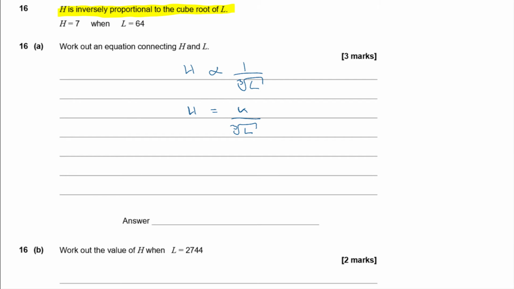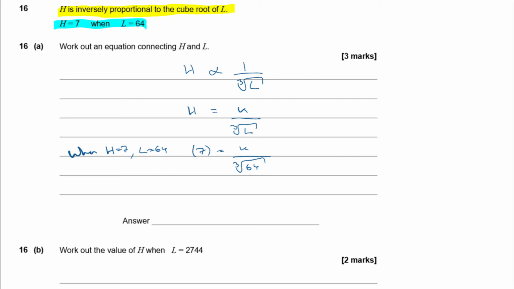Now with these questions, they always give us a pair of handy values that go together, and they give you those so you can evaluate K. So when H equals 7, L is equal to 64. We can sub that into the equation, so 7 is equal to K over the cube root of 64.